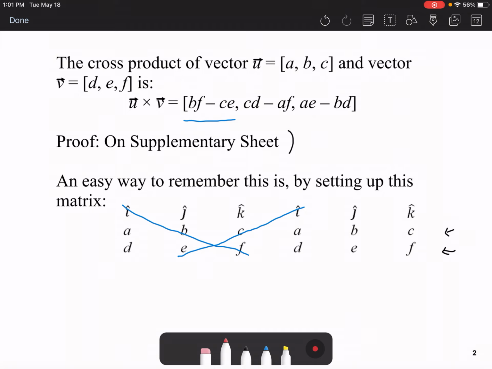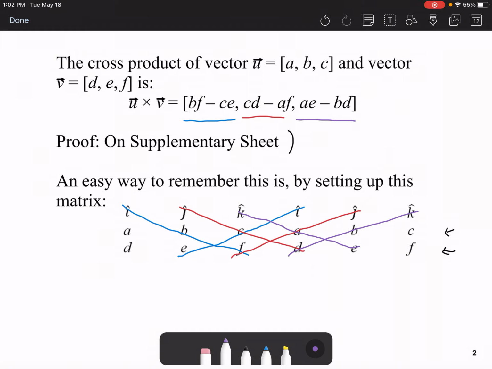Next time, you take c and d, and you subtract af. Last, you do the same thing, ae minus bd.